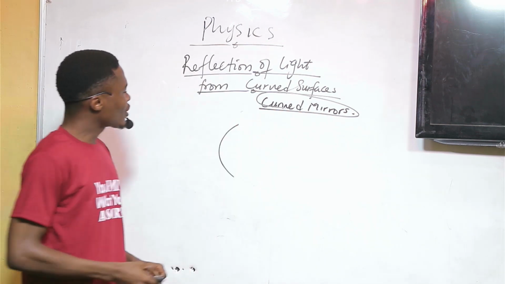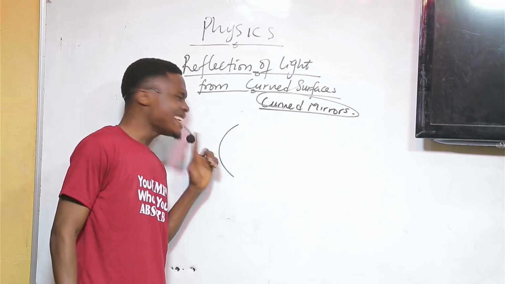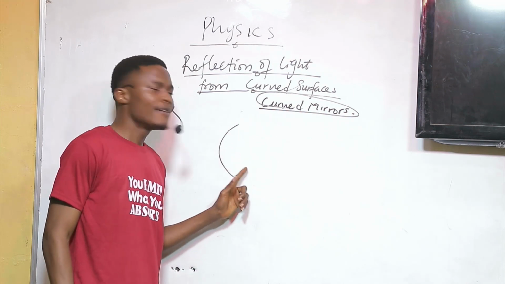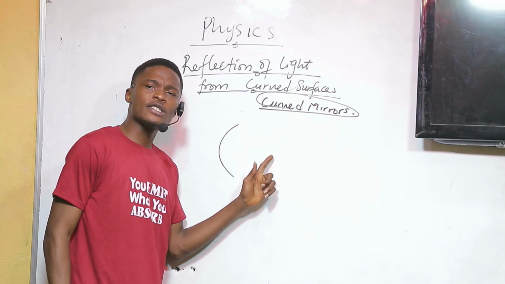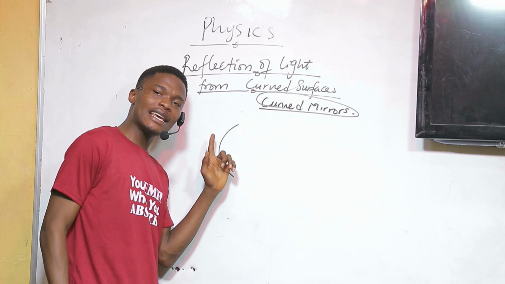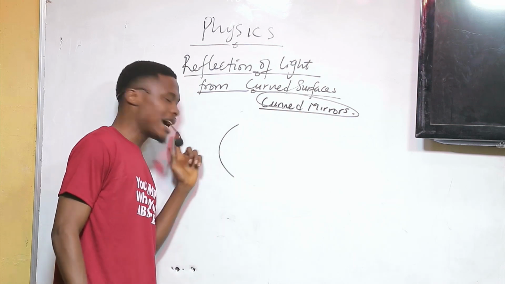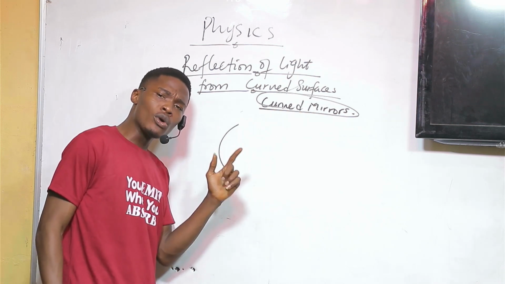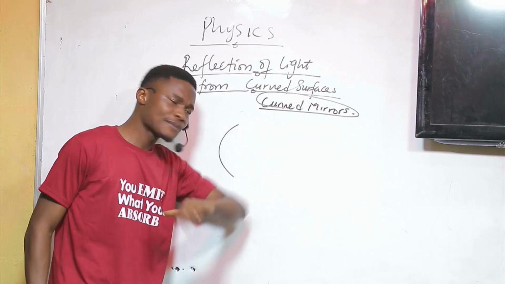Now this curved piece is still a glass. It is not a mirror yet. For me to make it a mirror, I have to coat either the inner part or the outer part. So remember that a mirror has a reflective surface.